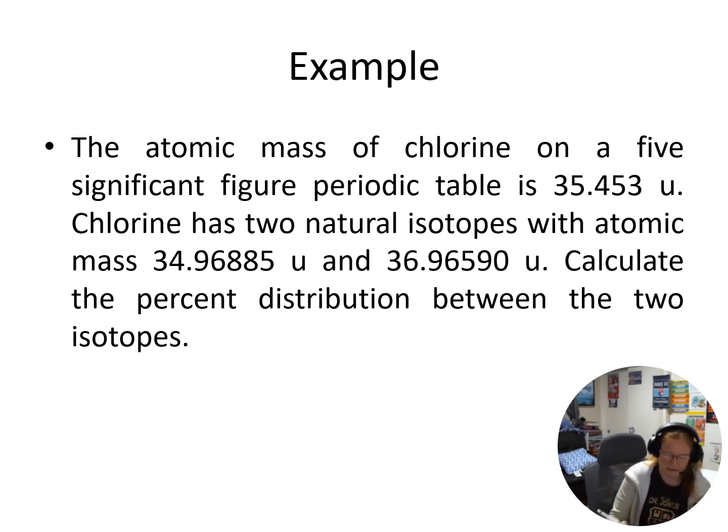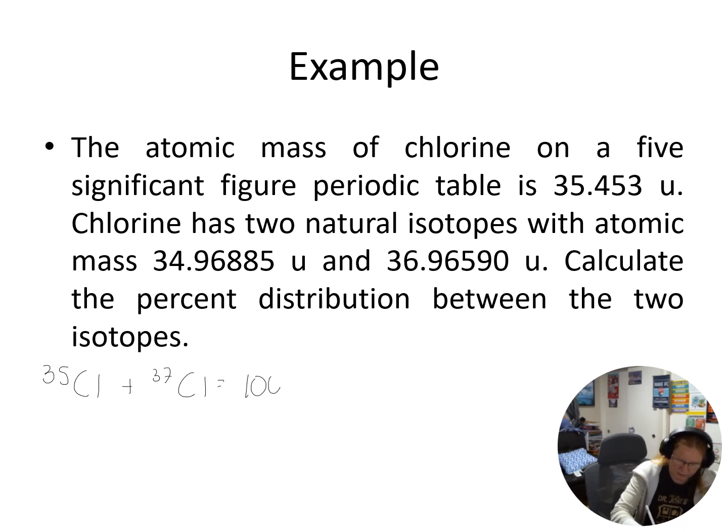So we can look at this by understanding that if I have two isotopes, my two isotopes need to add up to a whole. Okay, so my chlorine 35 and my chlorine 37 need to add up to 100%, or 1, because what is 100% in decimal form? It is 1.